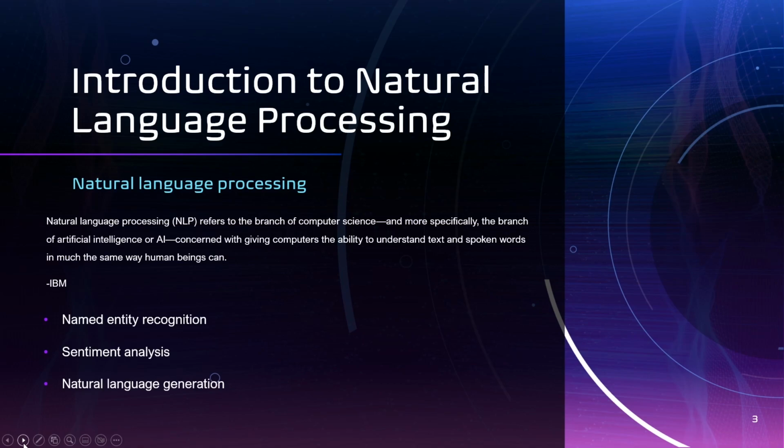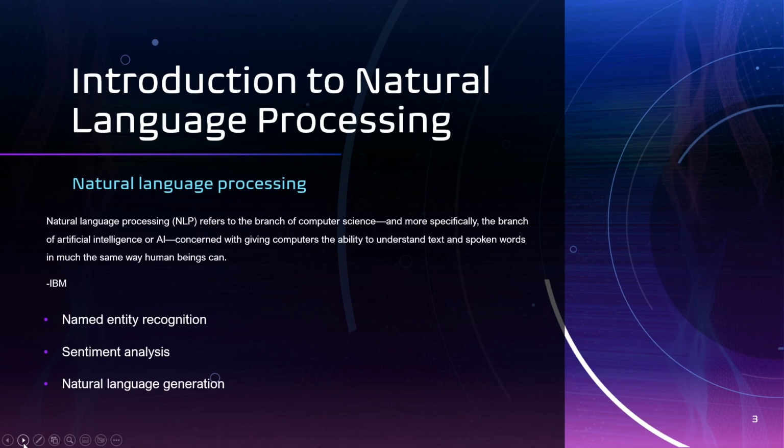To simplify that, it's what Alan Turing talked about when he talked about the imitation game. It's the idea of getting computers to understand and respond using actual words, actual human language. So the IBM site is a great resource if you want to get into the technical aspects of this. They have some great definitions and resources over there. So definitely check that out if you are interested.